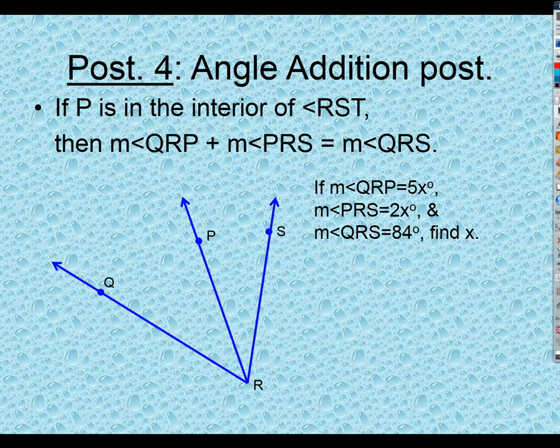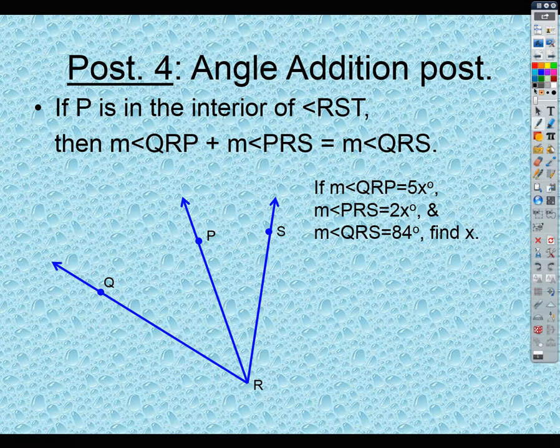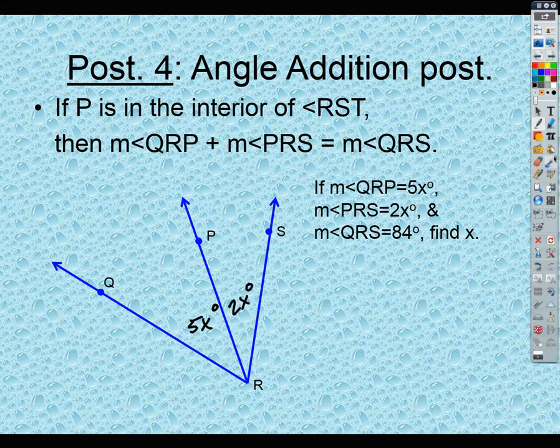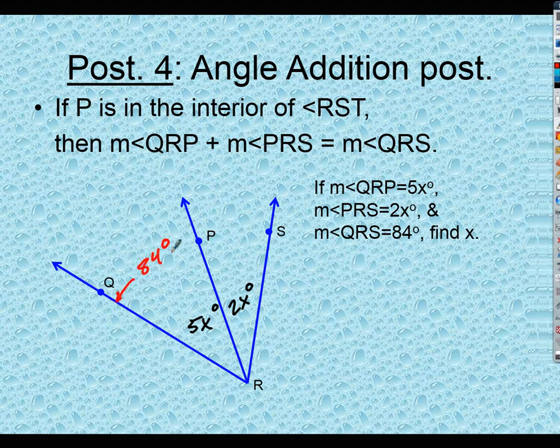If we know that the measure of angle QRP, so that's this bottom one, right, is equal to 5x degrees, and the measure of angle PRS, so that's the top angle, is 2x degrees, and we know that the whole thing has a measure of 84 degrees, can I set up an equation there?